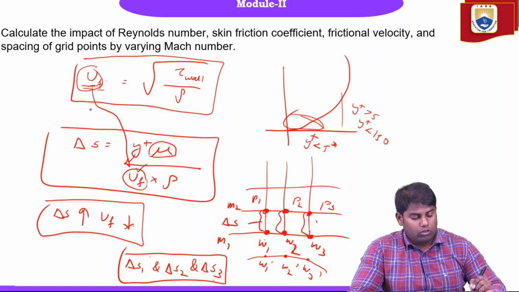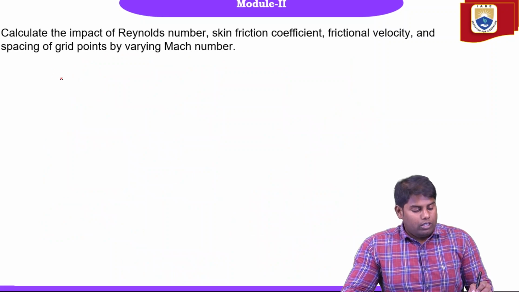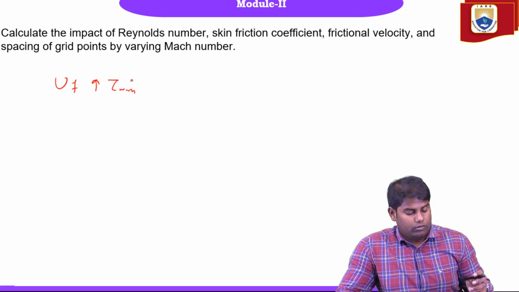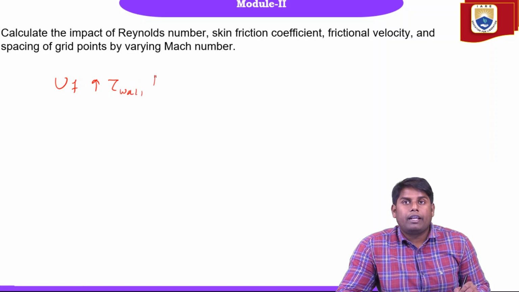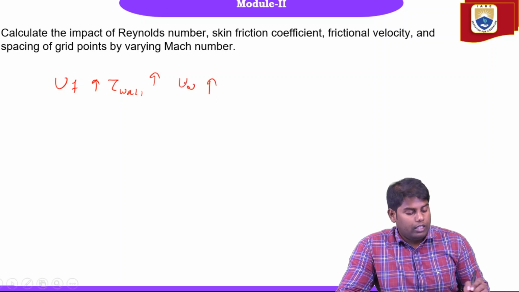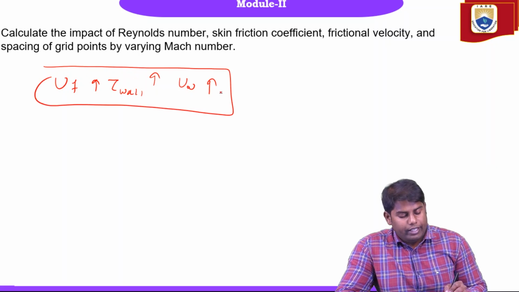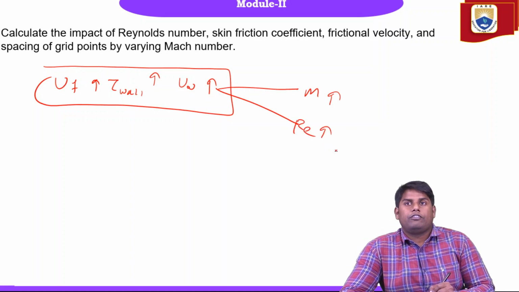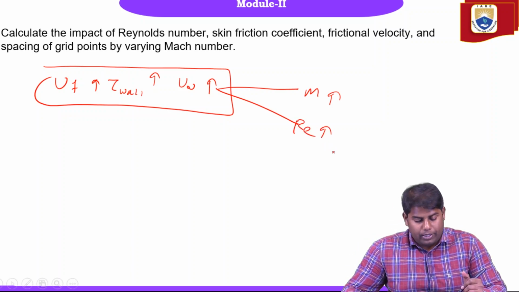Here we can give one conclusion: UF increases as tau of wall increases. Next, how does tau of wall increase? With respect to U infinity, it increases. So as U infinity increases, your Mach number increases and your Reynolds number increases. Fine. So this is what happens.